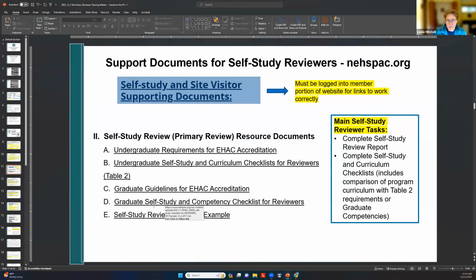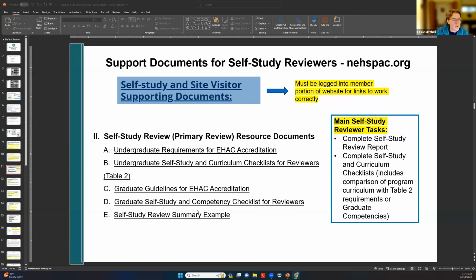So again, Leslie, who's writing that self-study review? Each self-study reviewer will write their own review. So regardless of whether we're the lead or the site visitor, we're still writing a review letter. If you're a self-study reviewer, this is the review summary that you will write. This is just for the self-study reviewers right now.